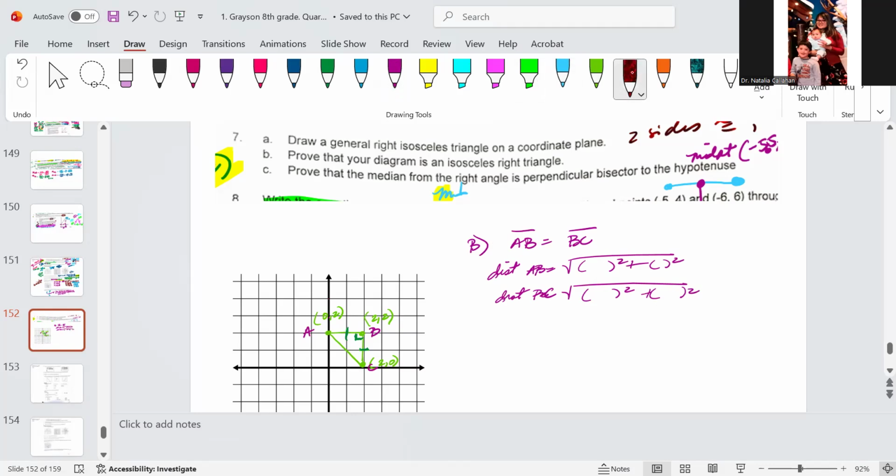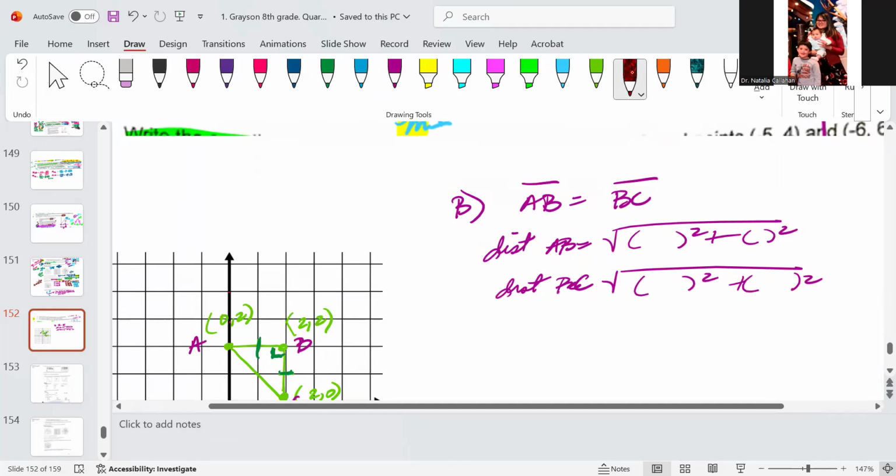All right, so for AB, it's going to be 2 minus 2 is 0, correct? 2 minus 0 is 2. That's 4. Square root of 4 is 2. So the distance here is 2, but we already knew that, right? Good. Distance of BC.